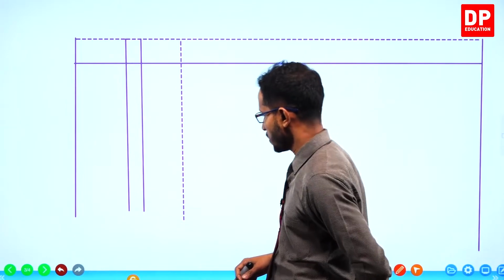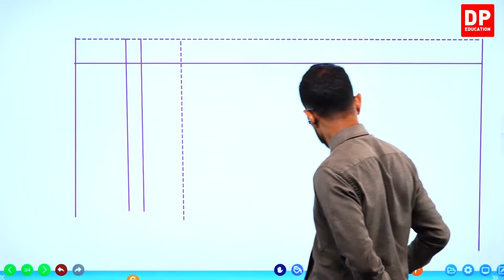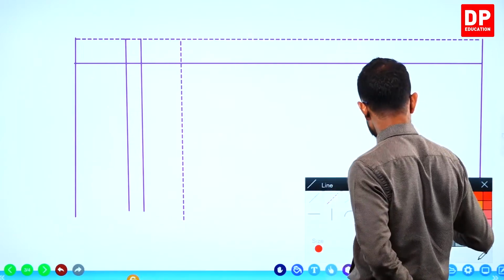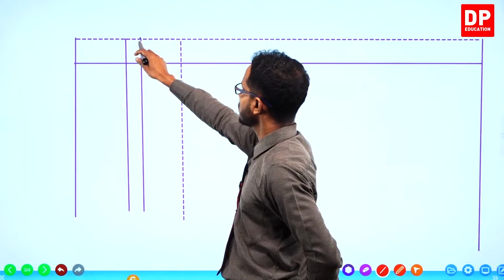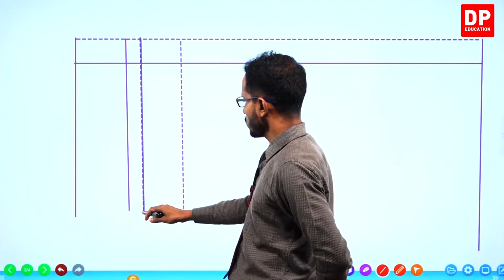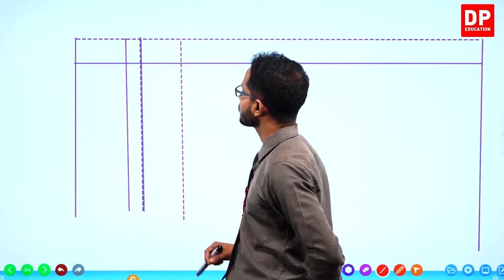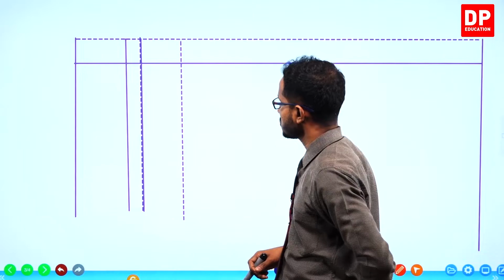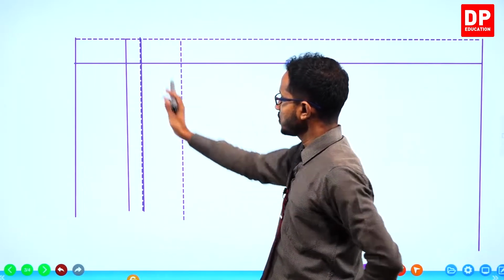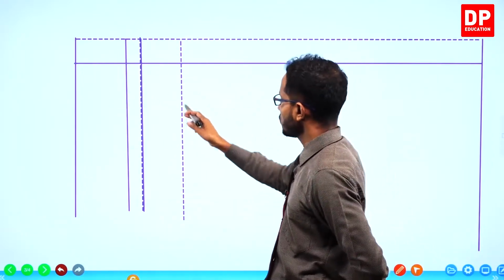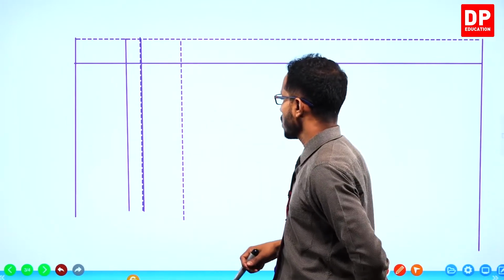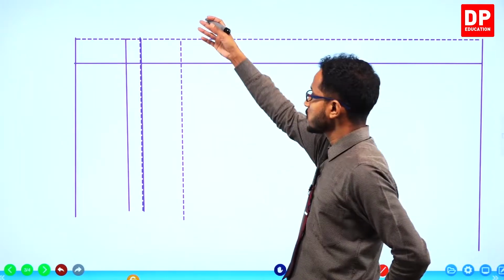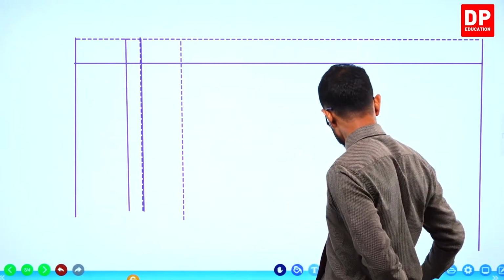If you want, you can make the ledger folio column the center line, the dividing line between debit and credit, it's okay. Or you can take the date column as the dividing row. So this is the receipts column or received column.